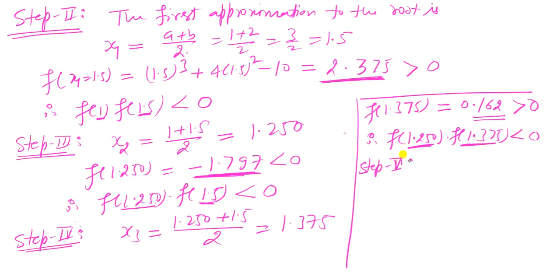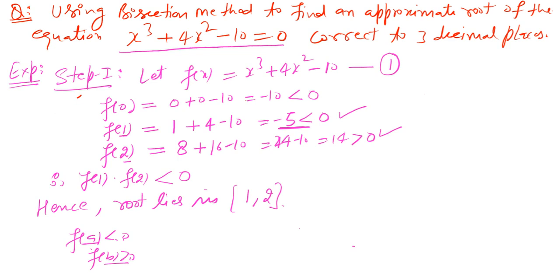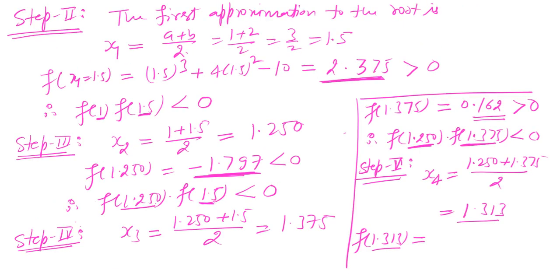Now in step 5, the fourth approximation to the root is denoted by x4, and x4 is (1.250 plus 1.375) divided by 2, and this value is equal to 1.313. So the functional value at x equal to 1.313, put in equation 1, we obtain the value negative 0.843, which is less than 0.